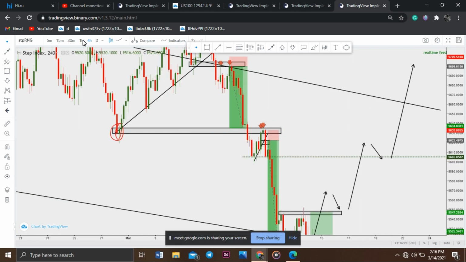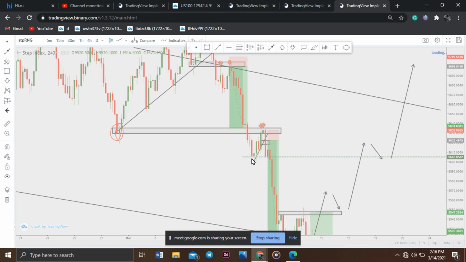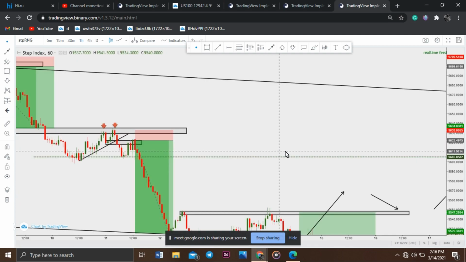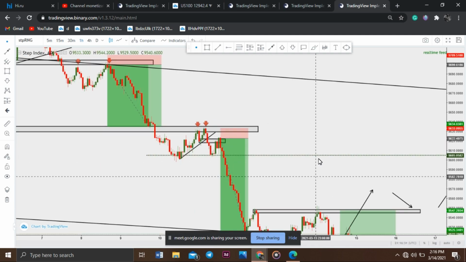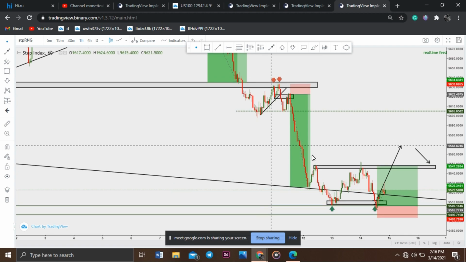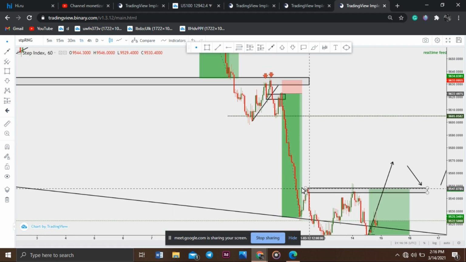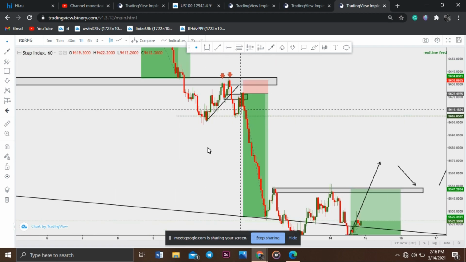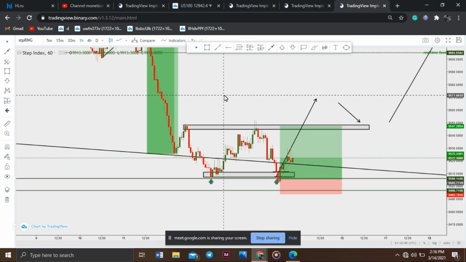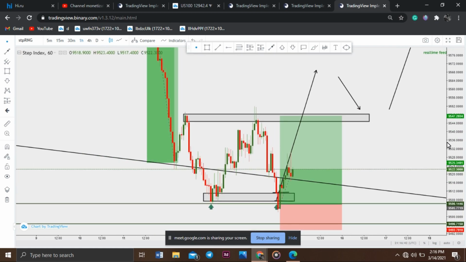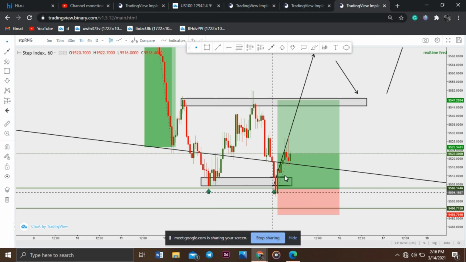On the 1 hour time frame too, we also saw a nice counter trend. So you can see how the counter trend strategy is repeating itself all over again, giving us nice entries. And you can see currently we have a nice double bottom trade from here also running.